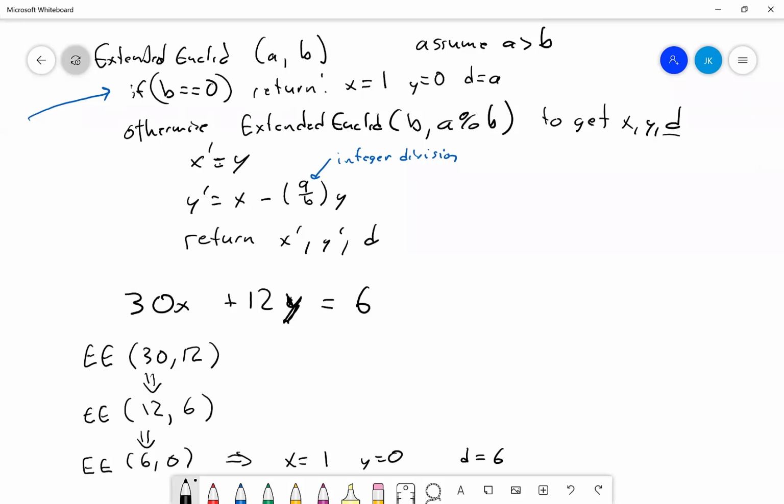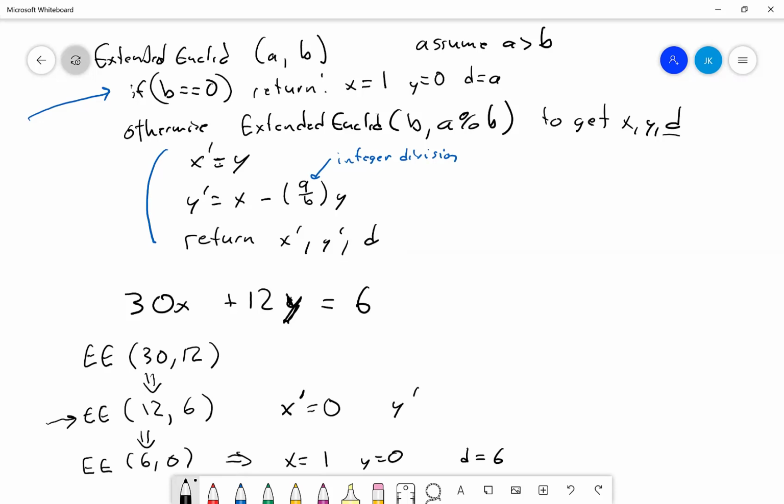Now, as we come back up to this second level, we're going to follow the steps that are outlined right there. We set our new x, which is x prime, and I'll eliminate the prime in just a minute. We set x prime equal to y, so it's equal to 0, the value of y that we got there.